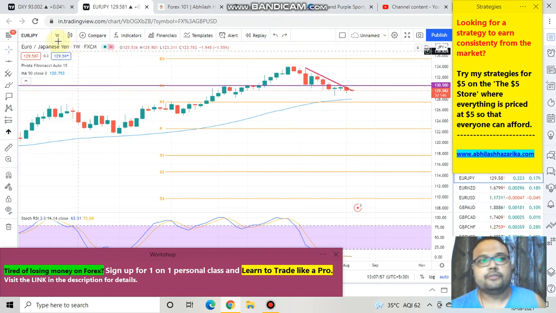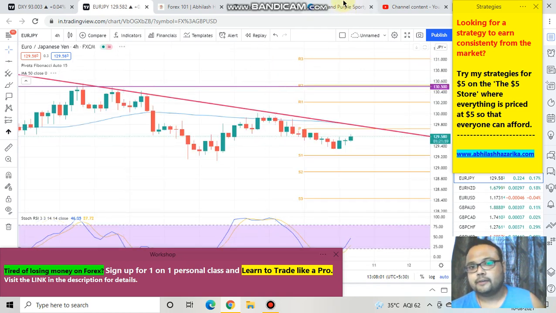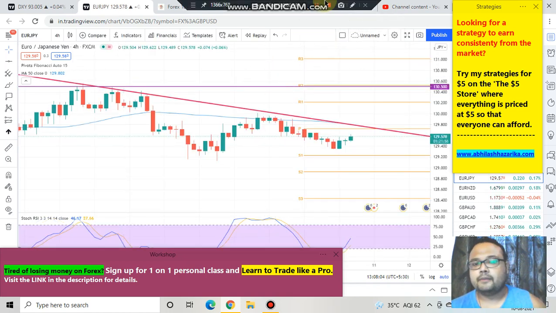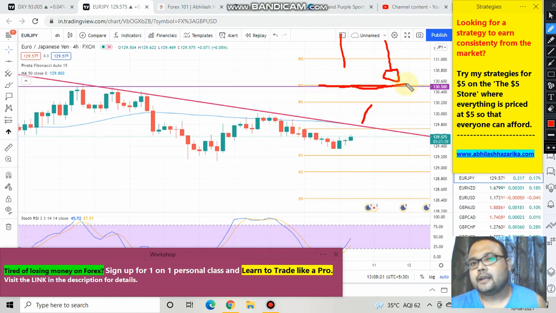If you see price struggling near the 130.50 level, keep in mind confirmation is always important. So if the market reaches this level, observe the price here. If you see price struggling again near the resistance, forming a shooting star pattern, price rejection from above, then you'll get the confirmation that yes, the big players are still shorting the market here, and you can short the market here.